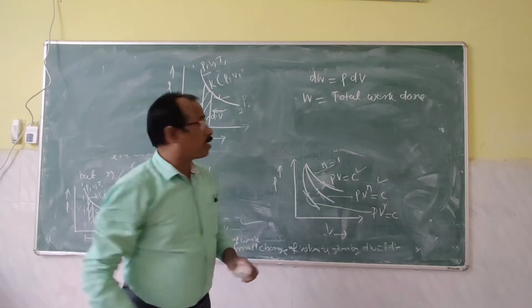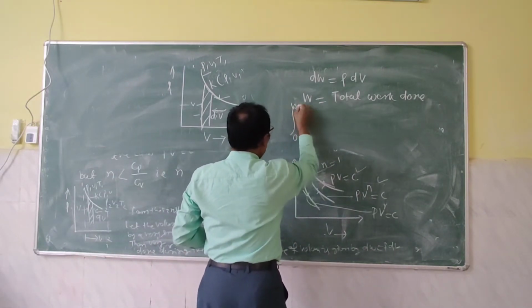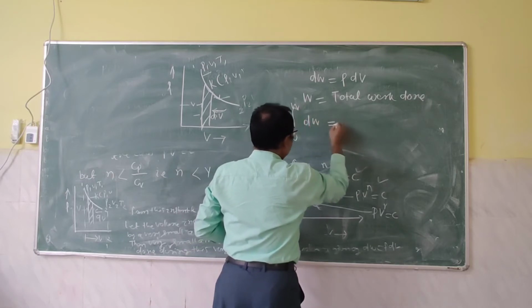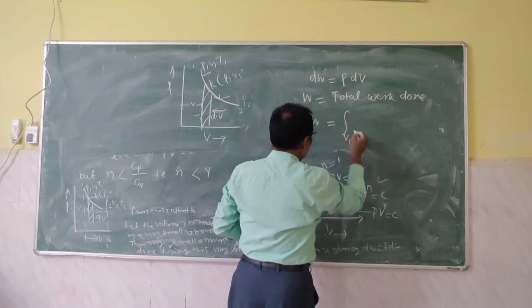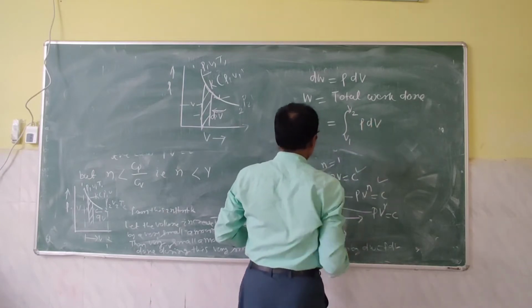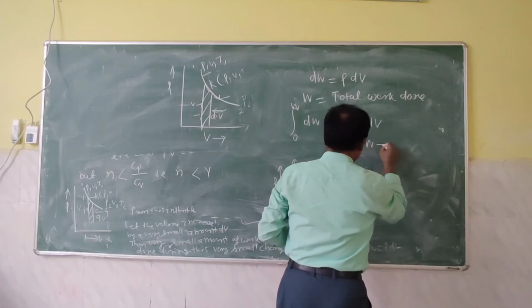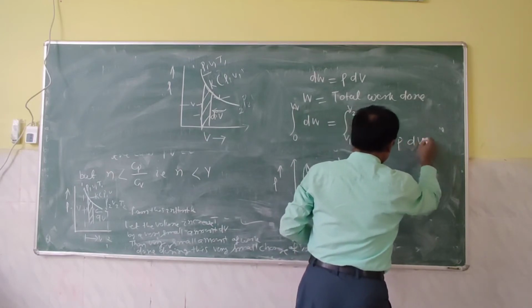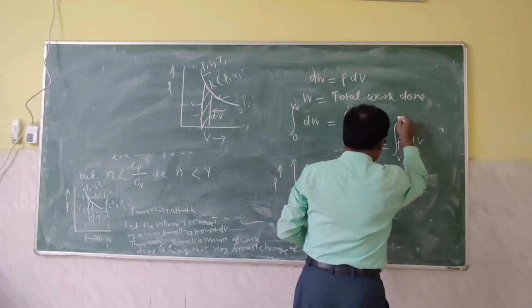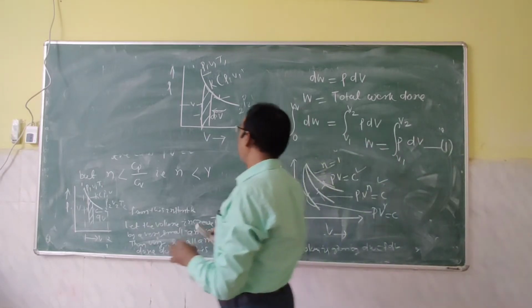Now integrating both sides, we have integral from 0 to W of dW is equal to integral from initial volume V1 to final volume V2 of P dV, or W is equal to integral of P dV with the limit V1 to V2, that is the equation 1.